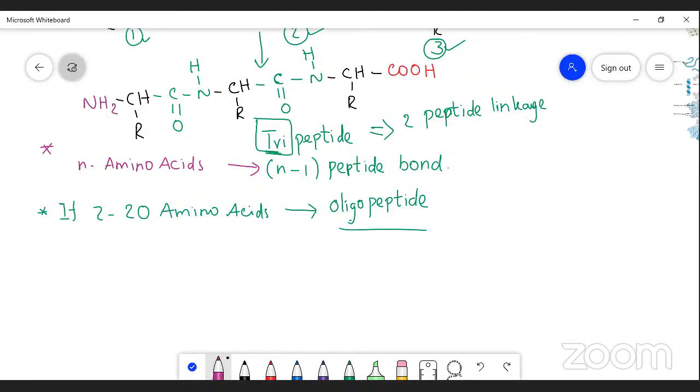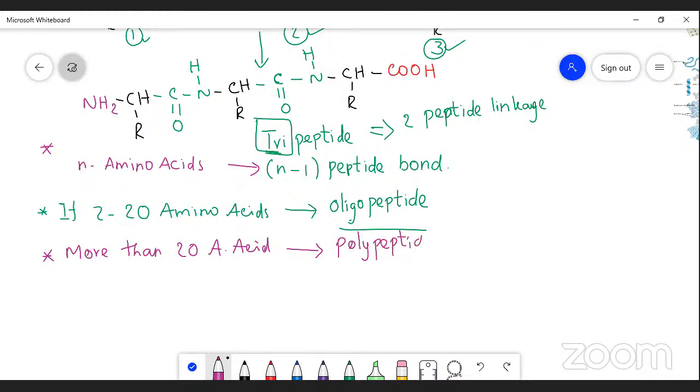Now, more than 20 amino acids lead to a polypeptide.